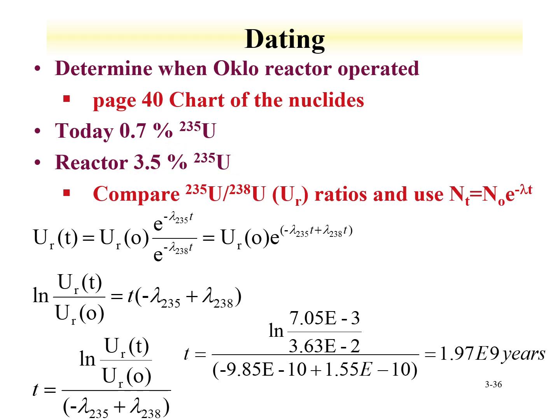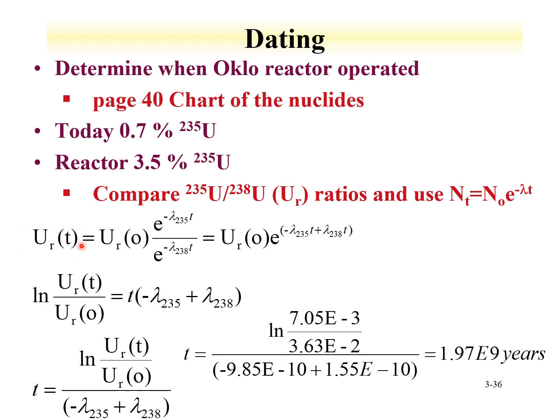So let's compare the 235 to 238, and we'll call it this uranium ratio, and use our regular decay equation. So we need to just set up the ratios. The ratio of uranium today is equal to the initial ratio times, we have to take the decay constants for the 235 and the 238, since we're using a ratio of 235 and 238.